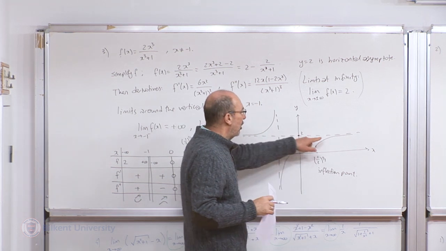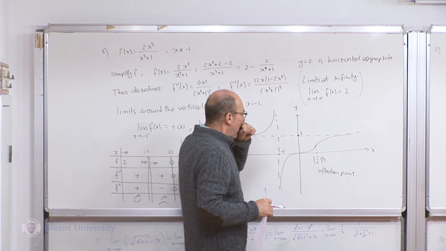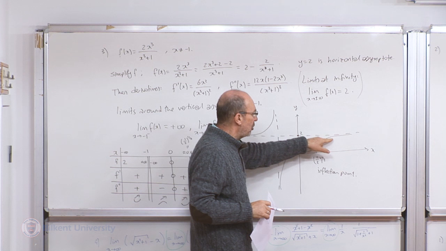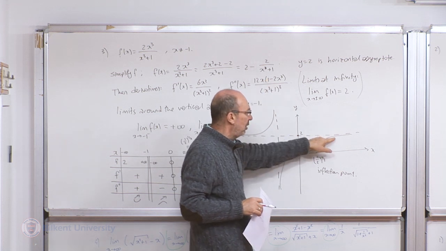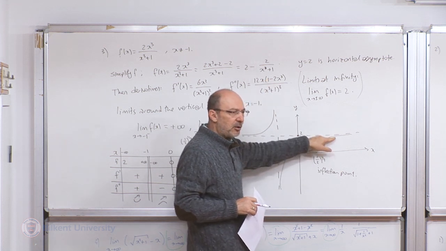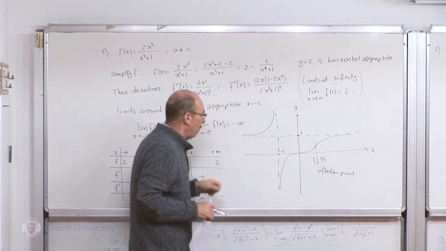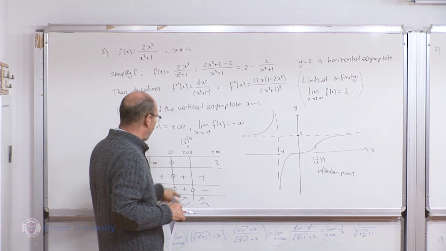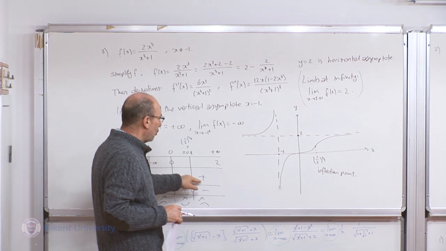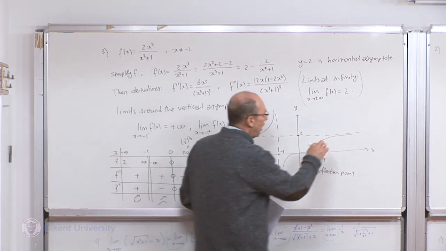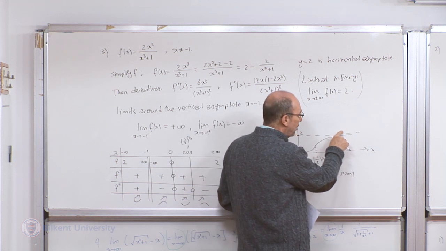Okay. Here you can also check for oh, sorry. You can also check from the expression here that the graph must remain under 2 because you are subtracting something from 2. It is also clear from here because the function is continuously increasing. If it ever crosses x-axis, then it must increase.